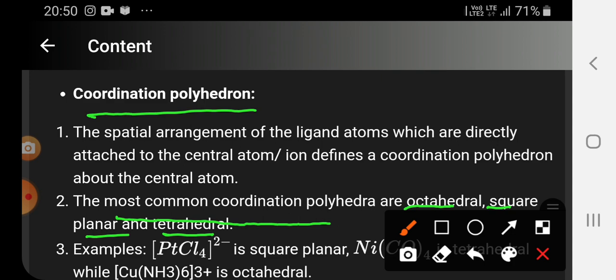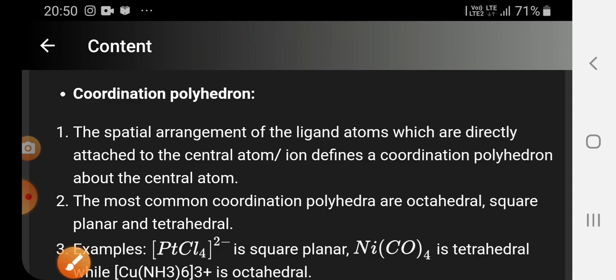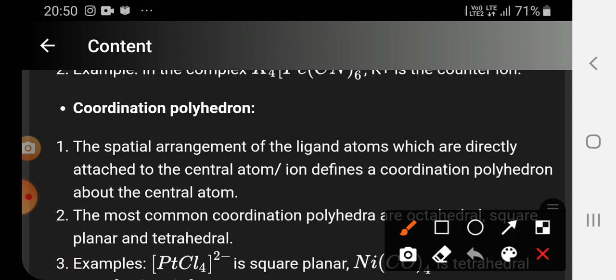The complexes have a tendency to show either an octahedral, square planar, or tetrahedral structure. The structure of the complex can be represented, for example, if we want to write K4[Fe(CN)6], this square bracket part is the coordination polyhedron, and this part can be represented like this.